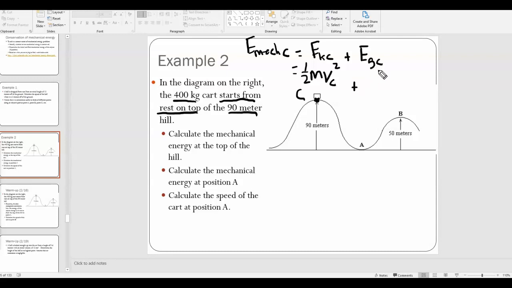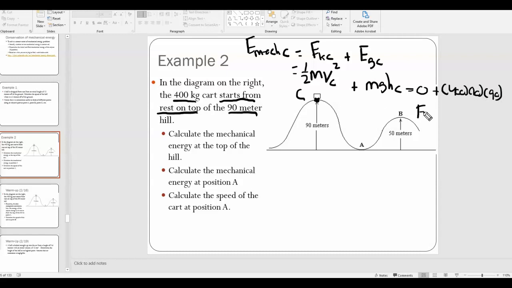Plus Eg is mgh, and so I would write this mghC, where again here hC means the height of the cart at point C. Okay, and I actually know these values because I know that the cart starts from rest at the top of the hill. And so that means vC is 0. In other words, the kinetic energy at point C is 0. And so I would have 0 plus mghC, and I have 400 times 10 times the height at point C, which is 90.